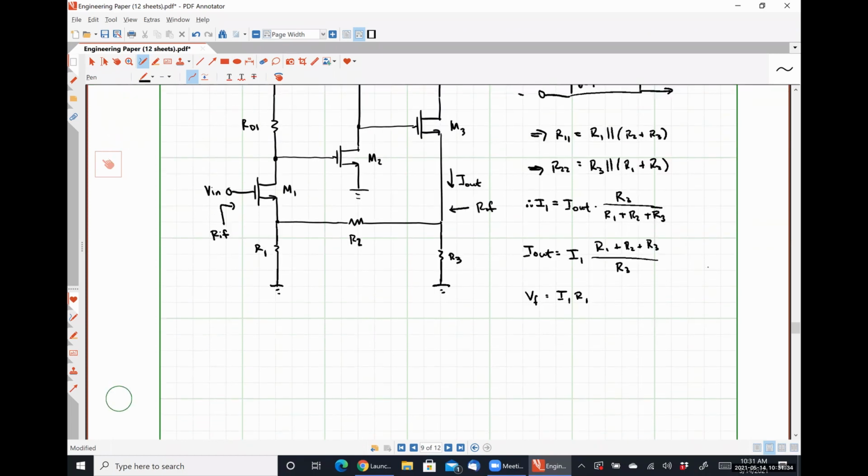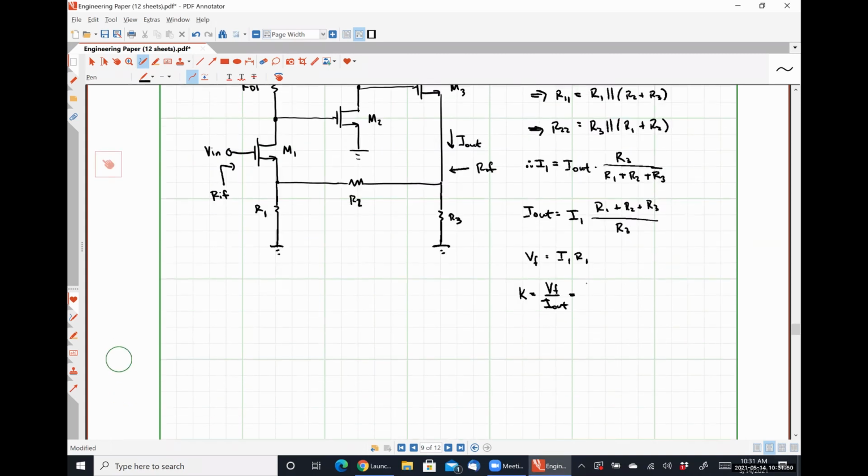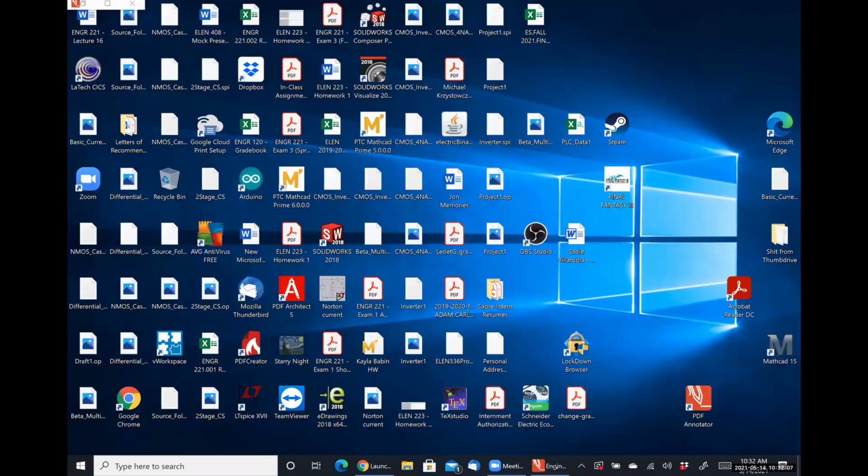And so our feedback factor K, by definition, will be VF over I out. So that's going to be I1 R1 divided by R1 plus R2 plus R3, and I'm dividing my denominator by R3, which is the same as multiplying my numerator by R3.